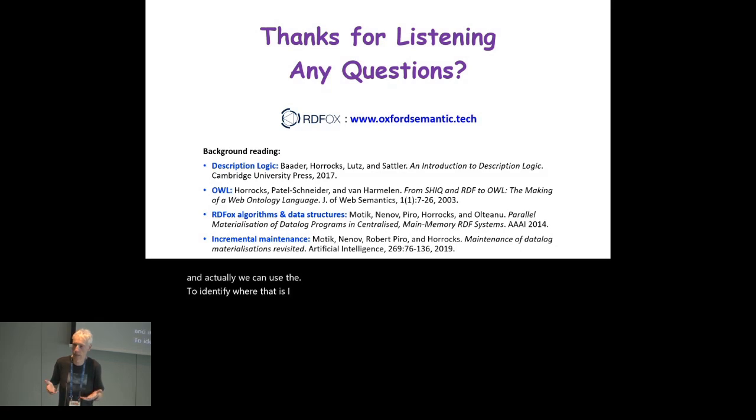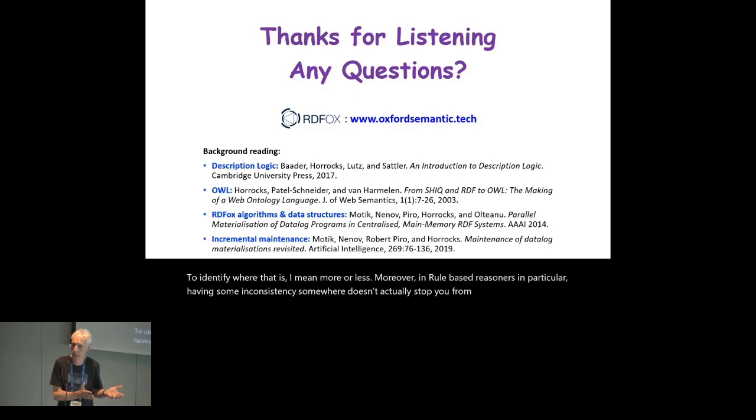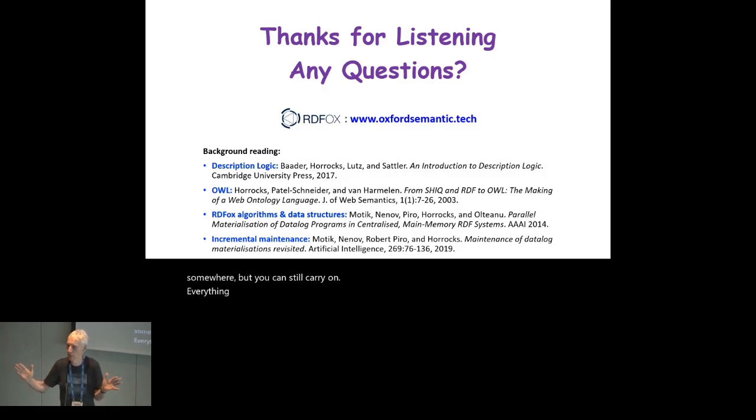Moreover, in rule-based reasoners in particular, having some inconsistency somewhere doesn't actually stop you from doing reasoning. In principle, you have this idea that everything is entailed, but you can quite easily use these rule-based reasoners in a way that they just derive the fact false somewhere, but you can still carry on and do everything else as you would have done before.